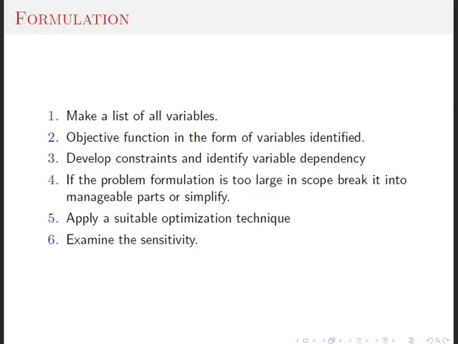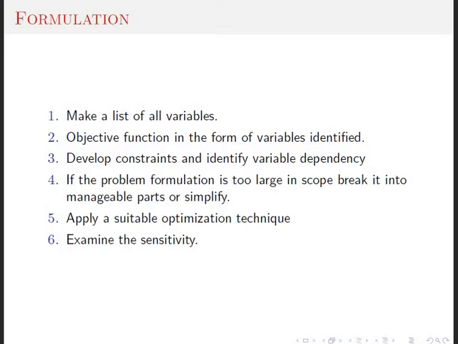The following steps summarize the procedure used to formulate and solve mathematical problems. First, analyze the process to identify the variables and specific characteristics of interest, and determine the criterion for optimization. Specifically, the objective function is in terms of these variables with coefficients.